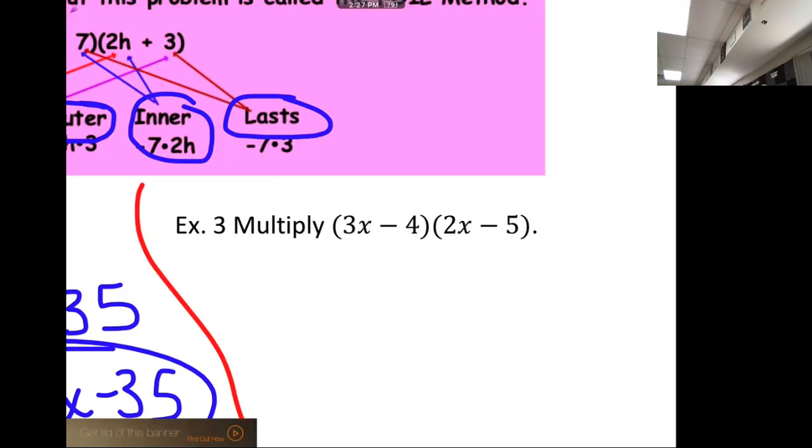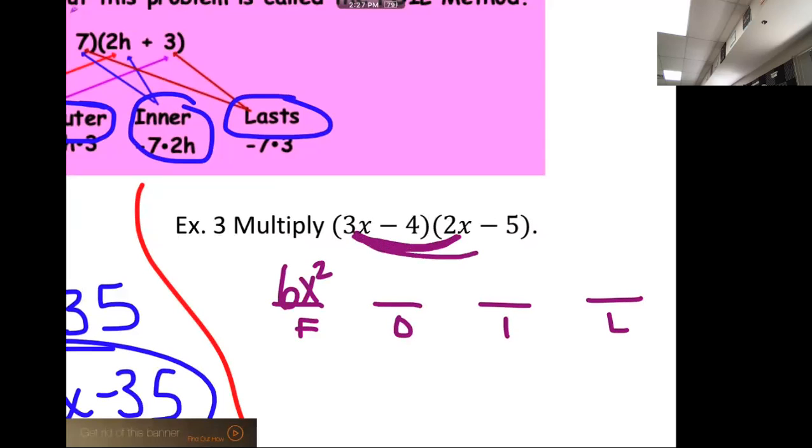So you guys, let's do FOIL this time. First. First, 6x squared. Outer, 3x which is negative 5x.